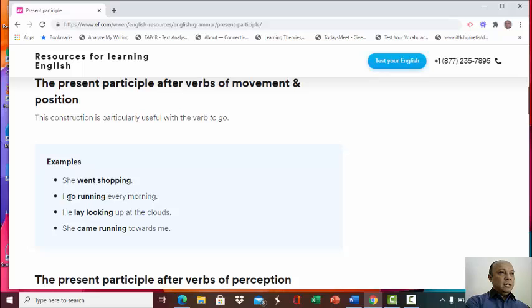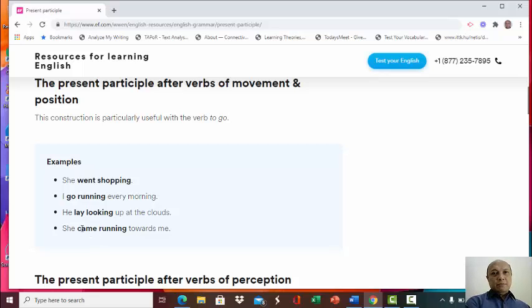Again, you have go here. Simply put the present participle after that. Run is verb 1, ing. Run plus ing, running. I go running. He lay looking up at the clouds. It's probably one of the exceptions, yeah. But okay, it still applies to the word lay. She came running towards me.